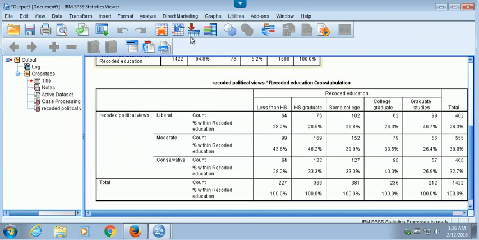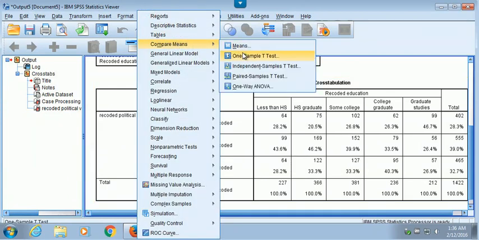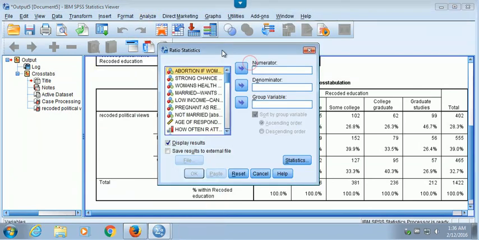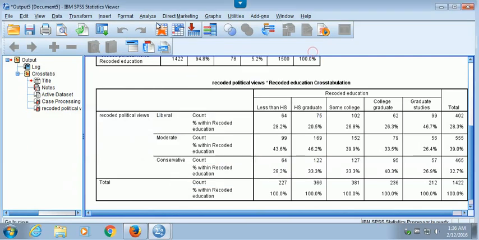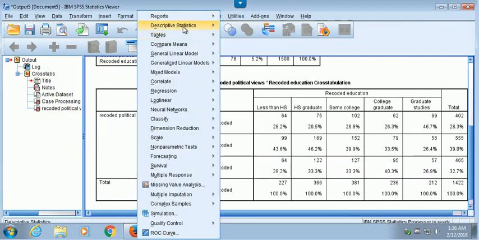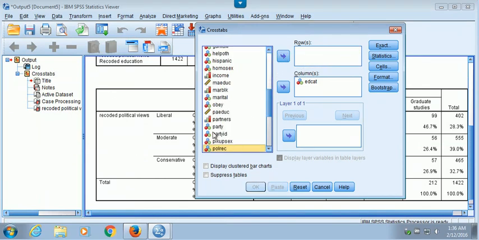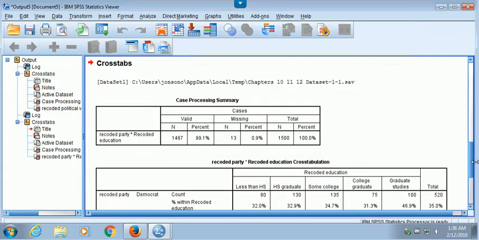So again, you're just interpreting the percentages in those columns. The last crosstab I'm going to do in this chapter is you're going to come to descriptive stats. Get out of ratio statistics. We don't want that. Get into descriptive stats, come down to crosstabs, get rid of the political rec, and put party in its place. So now we're having educational level predict one's party affiliation.